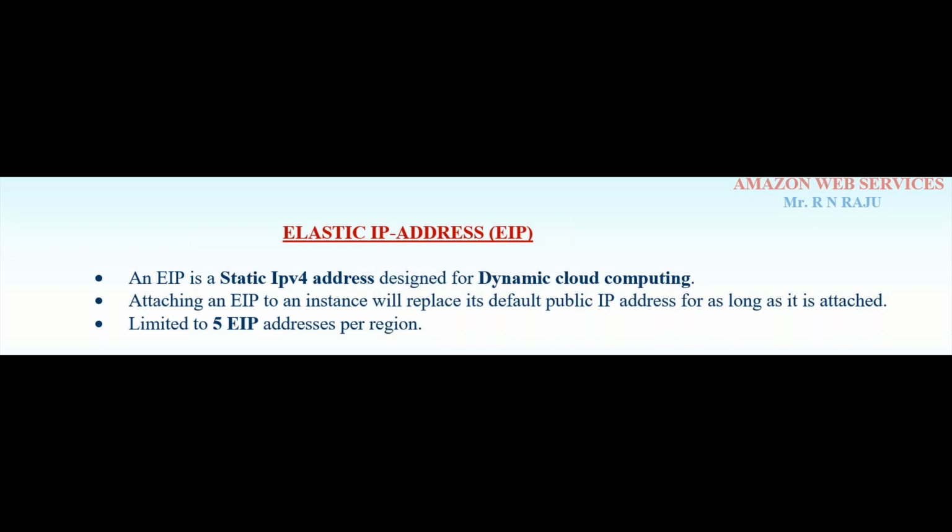So what they are saying is, by default, every instance has one public IP address, which is called dynamic. Dynamic means the IP will change on every shutdown and restart. You will get a different IP address every time.